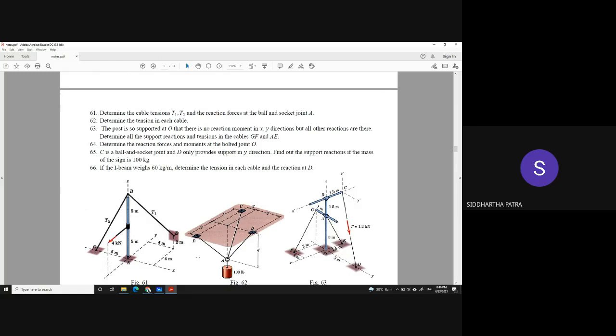If the ball and socket joint was the only thing there, in absence of all the cables and all the forces, the ball and socket joint could only prevent translations in 3 directions. So the reactions coming from A are Rx, Ry, and Rz. So 3 unknowns from A. Then there are 2 unknowns T1 and T2.